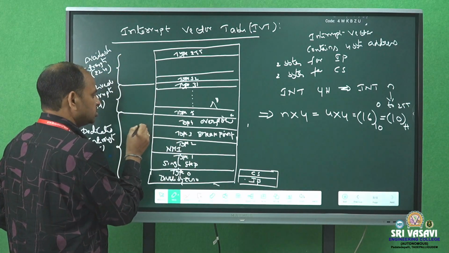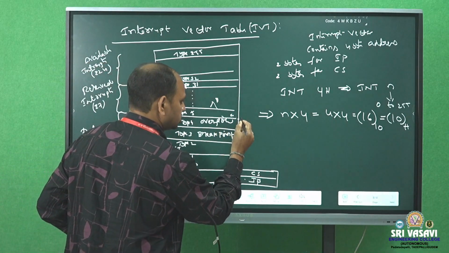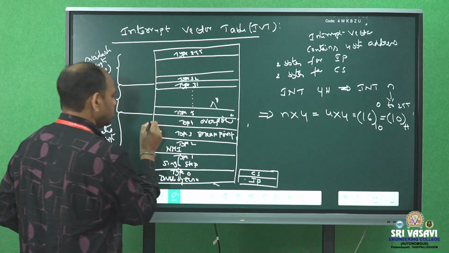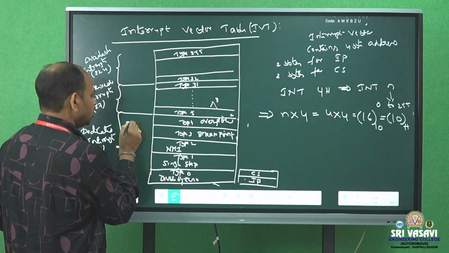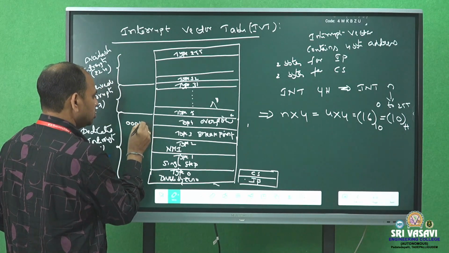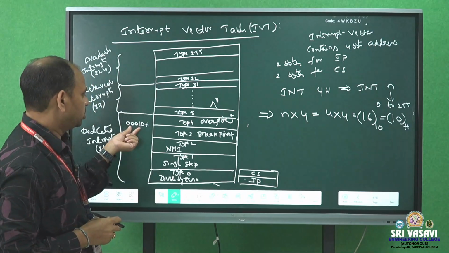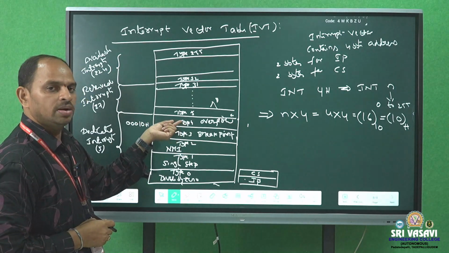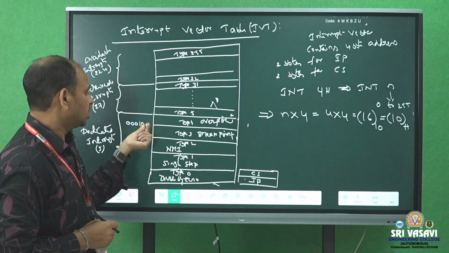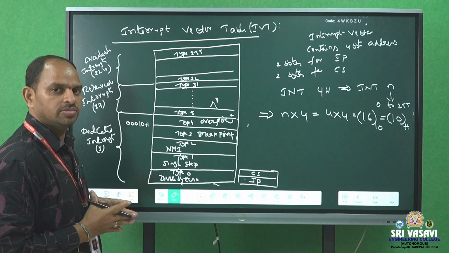Okay, so that means the type 4 interrupt ISR starting address is present in 4 locations, starting in this interrupt vector table at 00010H. 00010H is the address of the type 4 interrupt in the interrupt vector table.